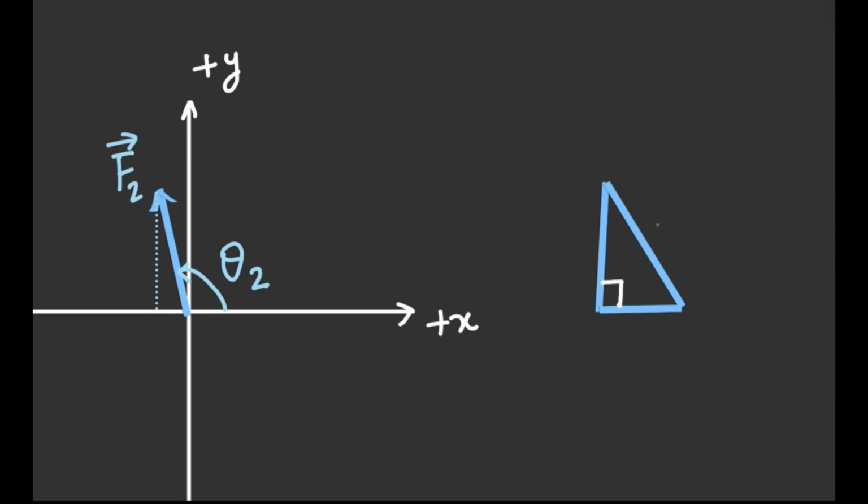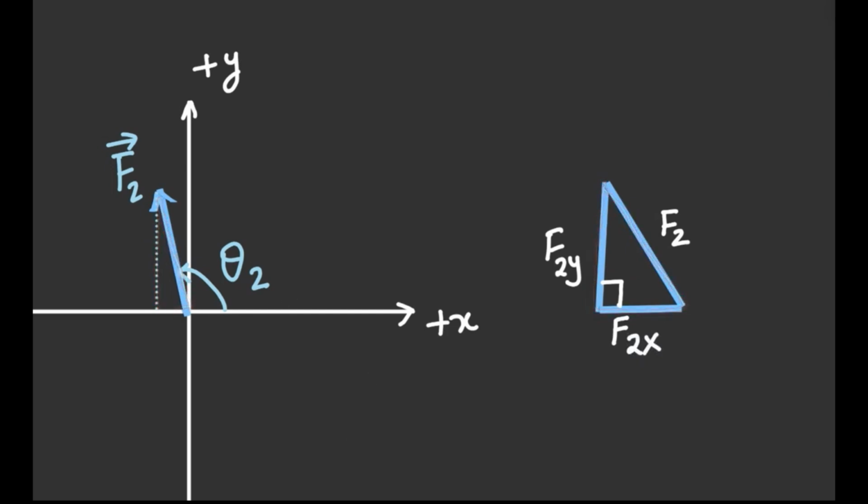It's a right triangle. The hypotenuse is the magnitude of the vector F2. The vertical component is F2y. And the horizontal component is F2x. So basically, this triangle is nothing but this triangle over here.